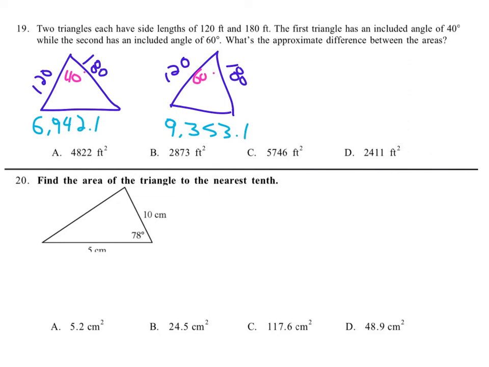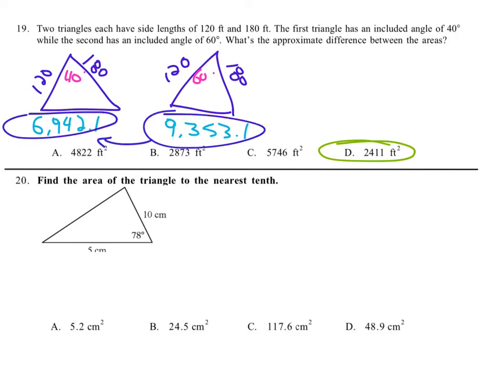So if I subtract them, that one minus 6,942.1, I would get about 2,411 square feet of difference between them. So this one minus this one, because it's bigger minus smaller, says there is that much difference between them. Okay? So calculate them both separately and then subtract them.